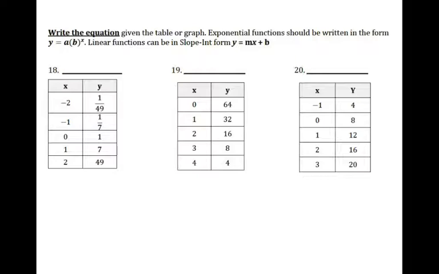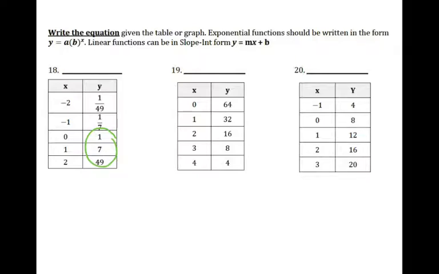So if I look at 18, I'm going from 1 over 49 to 1/7 to 1 to 7 to 49. Now, fractions hurt my brain, and I'm assuming they hurt your brain too. So what I want to focus on is these numbers here, and see what's happening. If you look, you're not adding the same number each time.